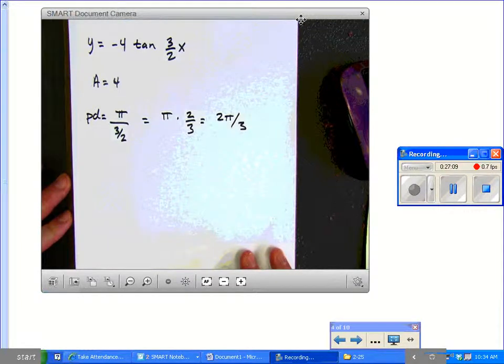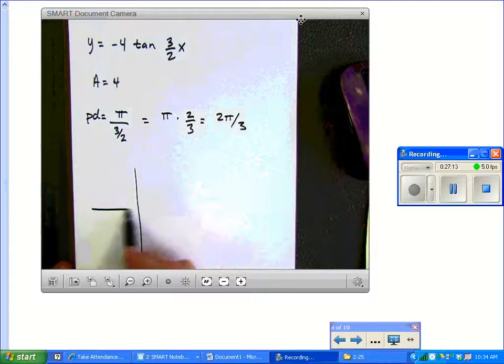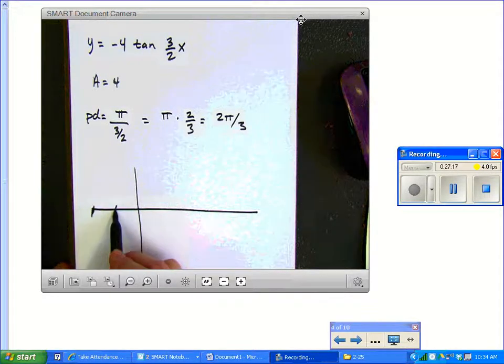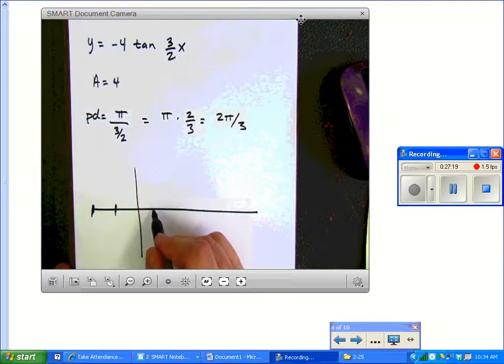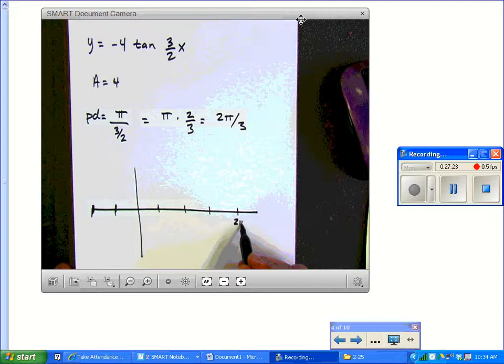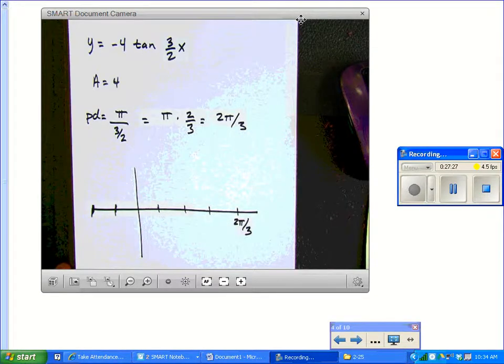All right, let's draw it out. Now, it's tangent, so I'm going to need some over here. And then go 1, 2, 3, 4. So this one's going to be 2 pi over 3. All right, what's half of that?